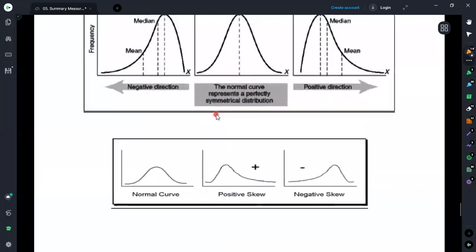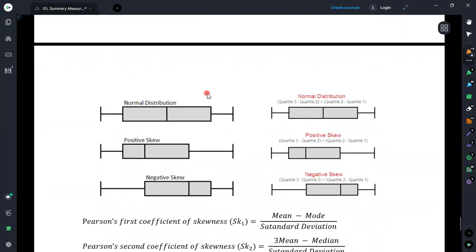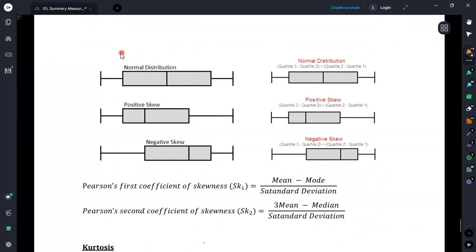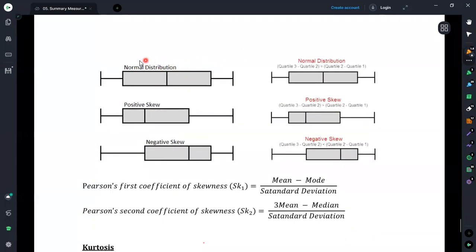We can also have a graphical presentation using the box plot. Using box plots, we can find the skewness of the distribution. If it is a normal distribution, with no particular tail on the left or right side, and you draw a box plot for it, you may get similar areas for the two boxes. Here we have Q1, Q2 and Q3, the first, second and third quartiles in the box plot.